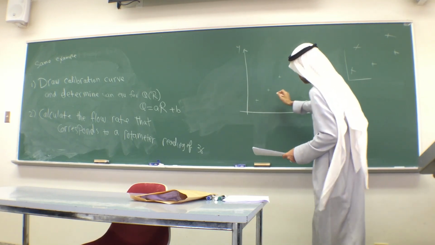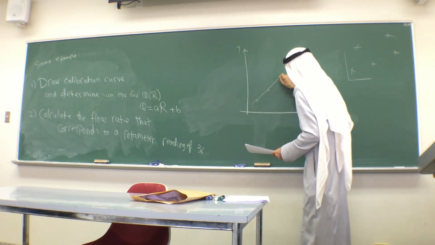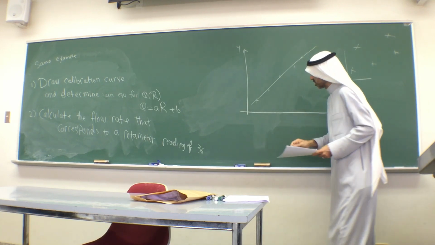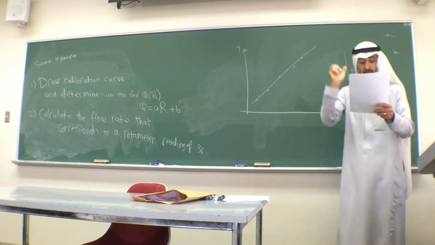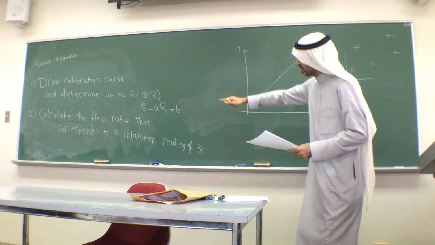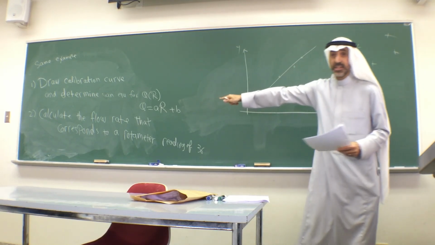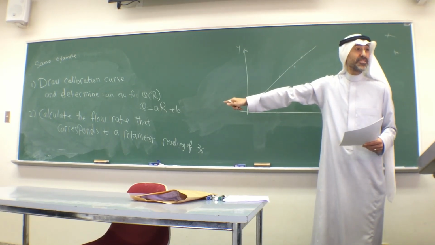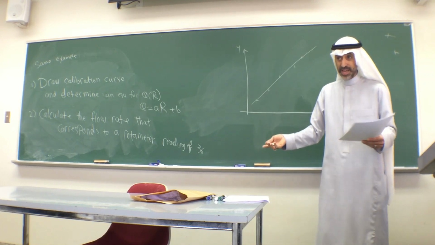That's okay. So we will say, I expect something like this. Now, he is asking me about the equation. That means I'm looking for what? A and B. That is what's required: A and B.